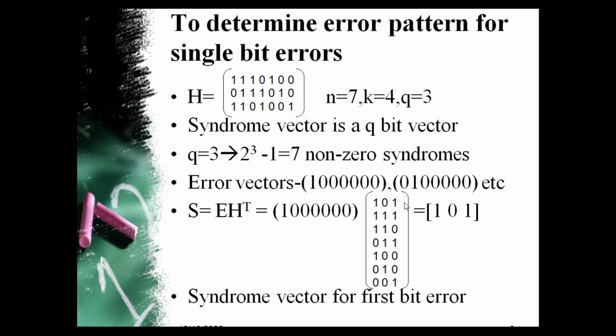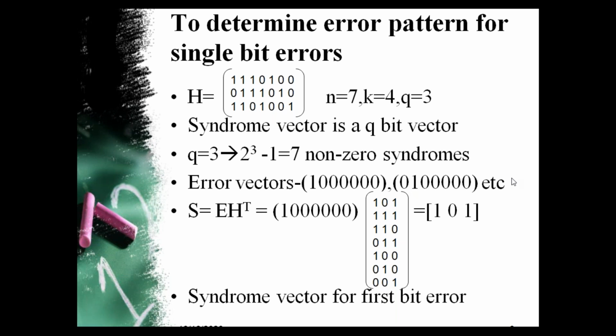Then if we do like this, take the error vector corresponding to the second bit error, that is, here 0 1 0 0 0 0 0, this particular one. If you multiply this error vector with the H transpose matrix, we will get 1 1 1 as the syndrome vector.